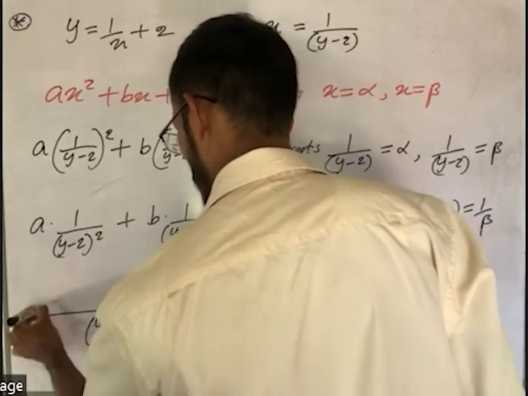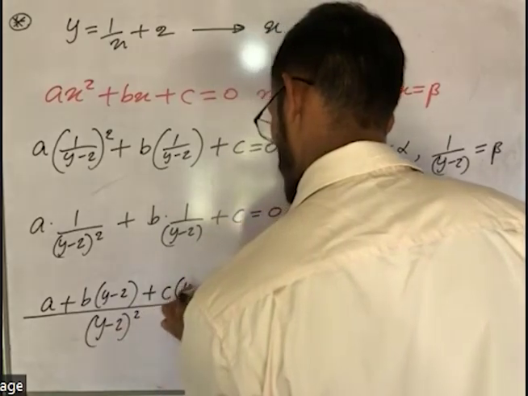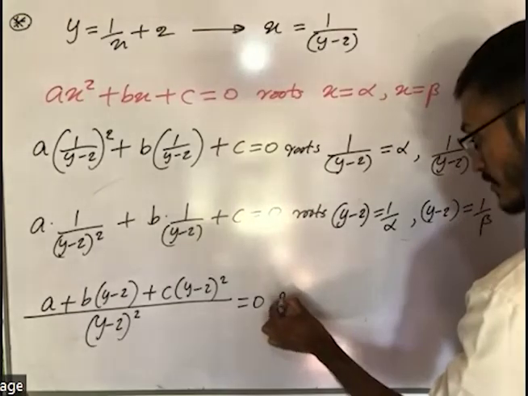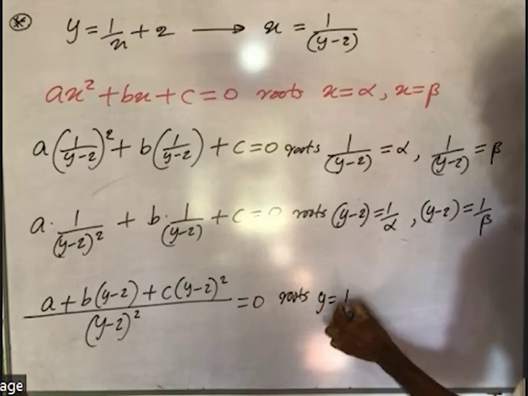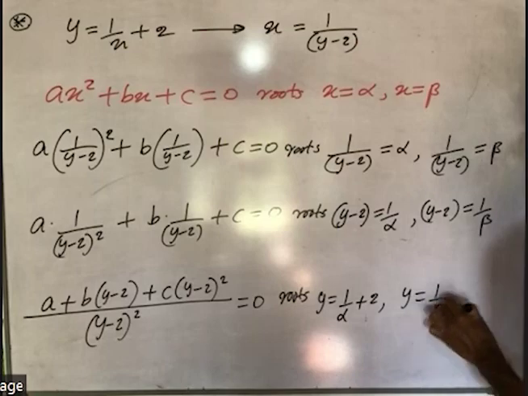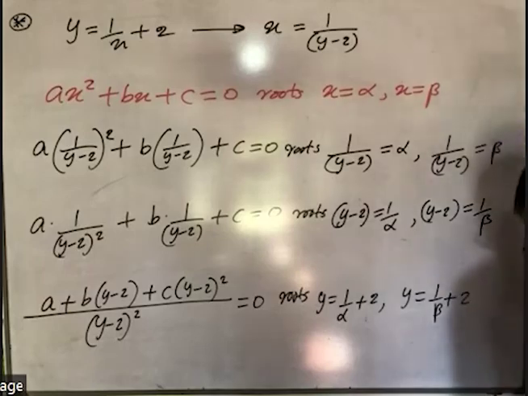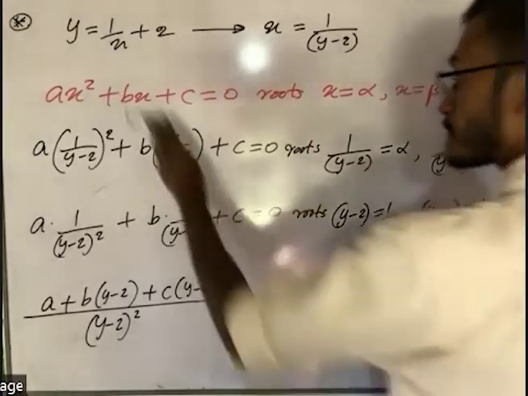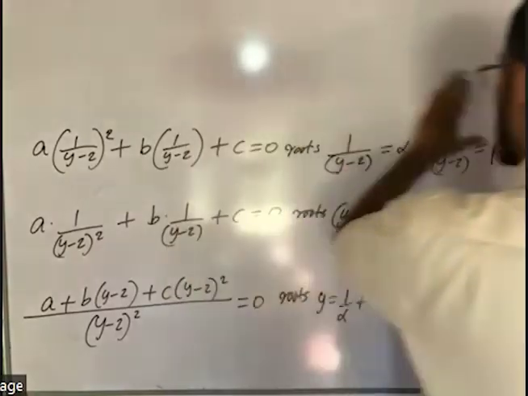Then a plus b into y minus 2 plus c into y minus 2 square equal to 0. Now we can write the roots as y equal to 1 over alpha plus 2, y equal to 1 over beta plus 2, taking minus 2 to the other side so it becomes plus 2. Okay. Now let's multiply both sides by y minus 2 square. Then we can find the quadratic equation that we require.